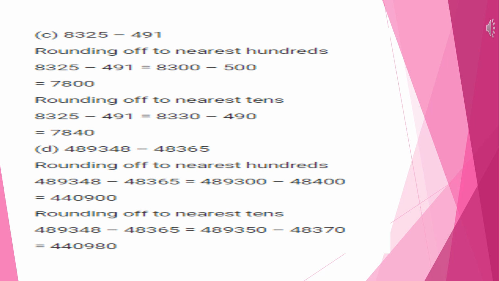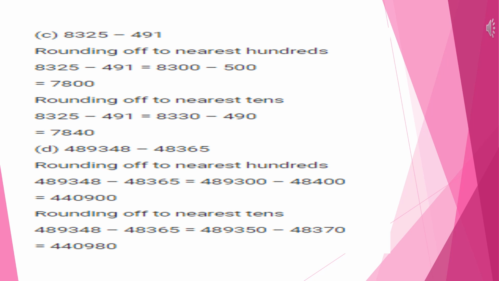4,89,348 minus 48,365. Firstly, we round off the numbers to the nearest 100. 4,89,348 is equal to 4,89,300. 48,365 is equal to 48,400. After subtraction, we will get the answer 4,40,900.